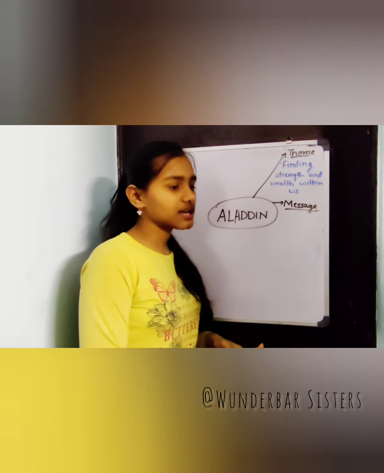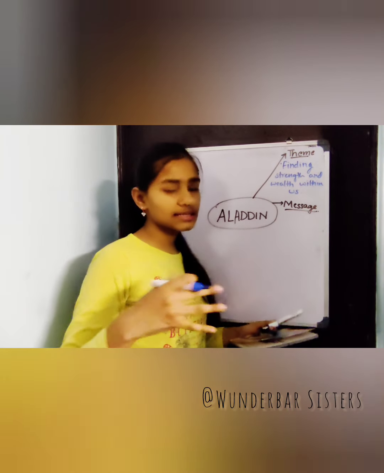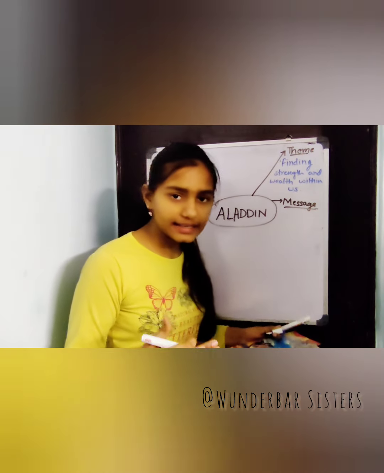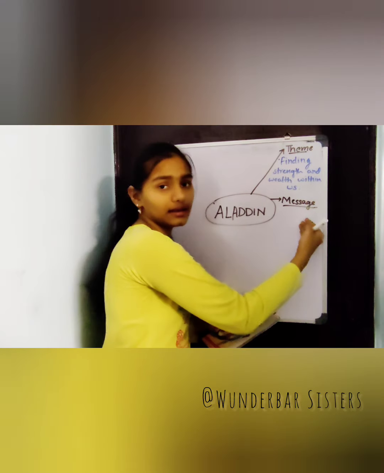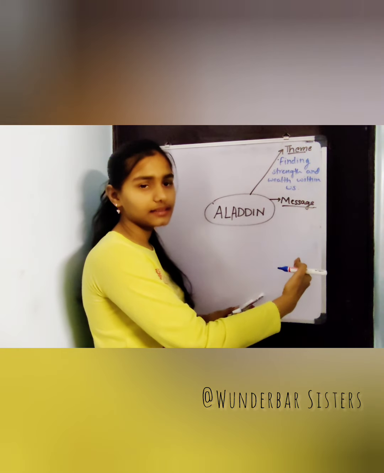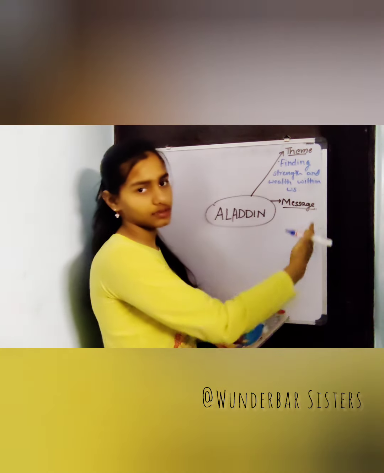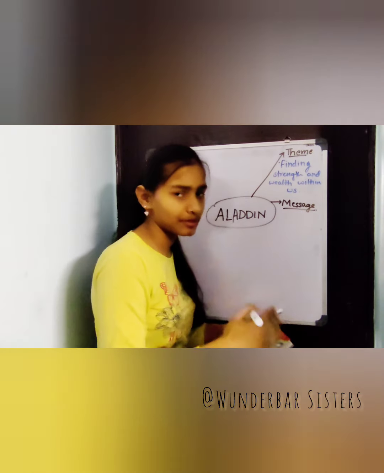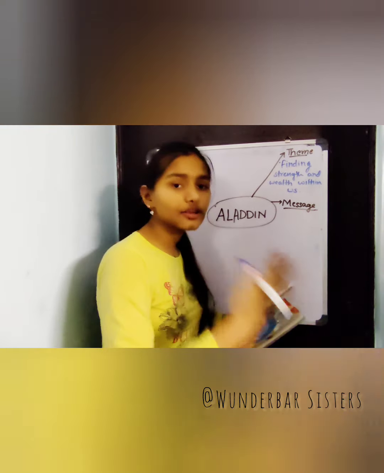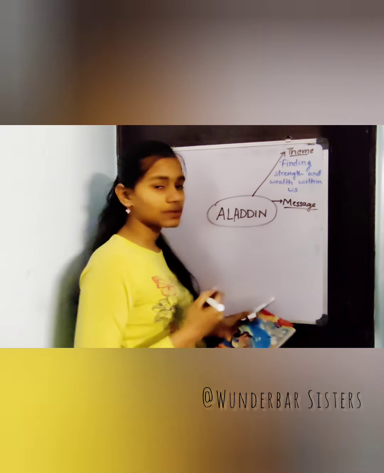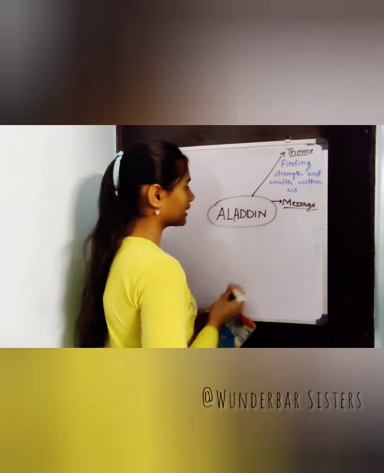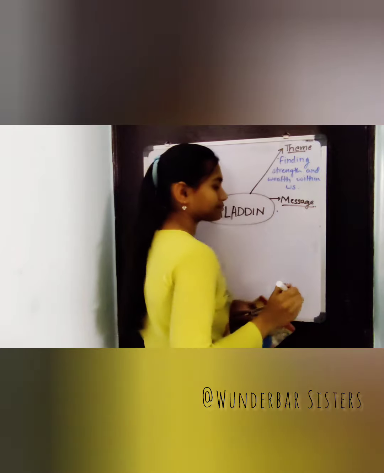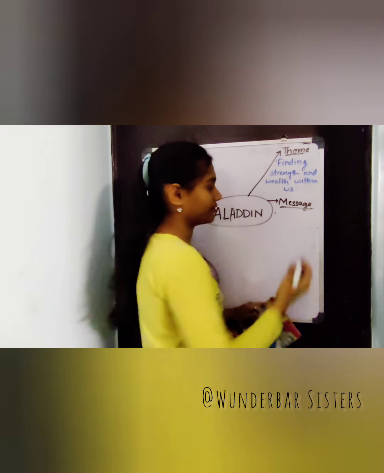Message actually is the main idea that a reader can understand from the story. So it's sort of like the theme, but it's like an example. It's defining your theme.